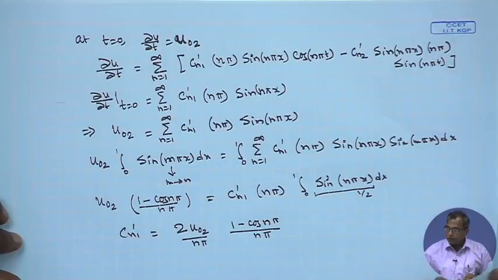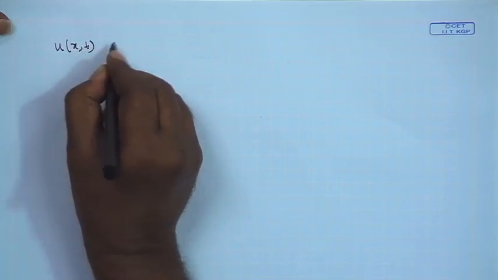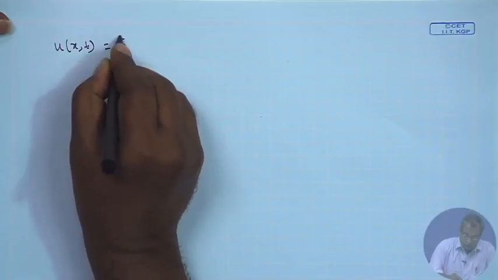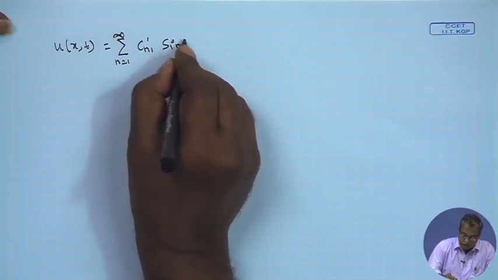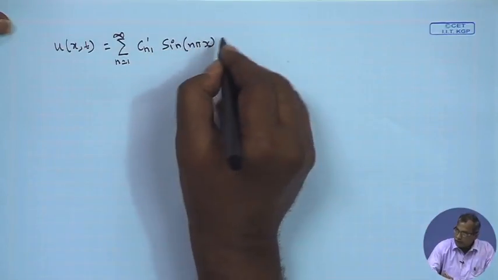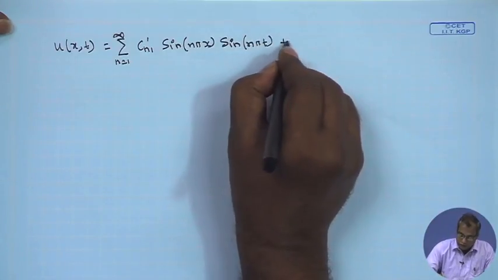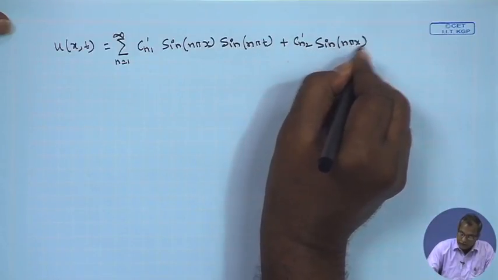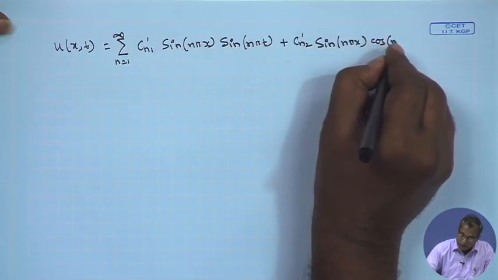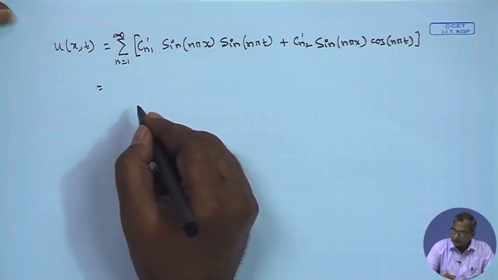So, if you look into the complete solution, the complete solution will be u x t is equal to summation n is equal to 1 to infinity C n 1 prime sin n pi x sin n pi t plus C n 2 prime sin n pi x cosine n pi t. Now, we will be substituting the value of C n 1 prime and C n 2 prime.